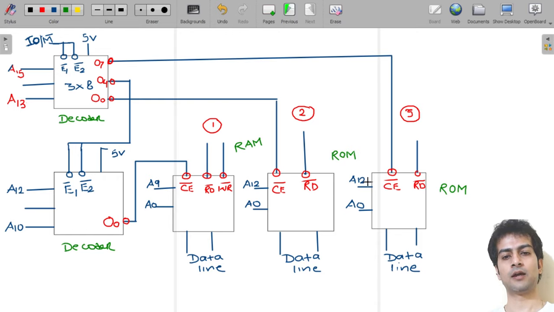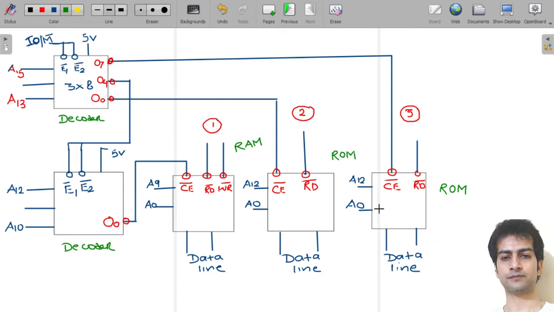Okay. Now come to the capacity of this memory. So here we can see that address lines A12 to A0 are connected.